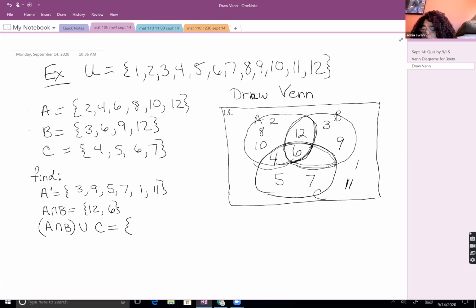A intersect B is the 12 and 6. So I need 4, and now I want to add the rest of C. So don't I have to add 5, 7, and 4? Okay. And when I take the union, I'm combining them and putting them together.